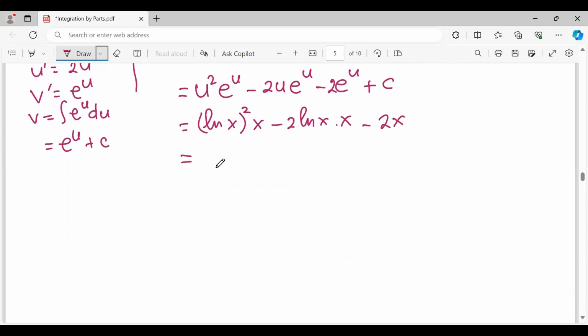So the final result: x ln x squared, minus 2x ln x, minus 2x.